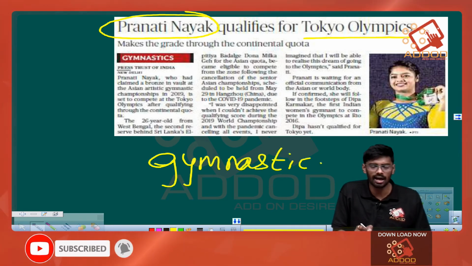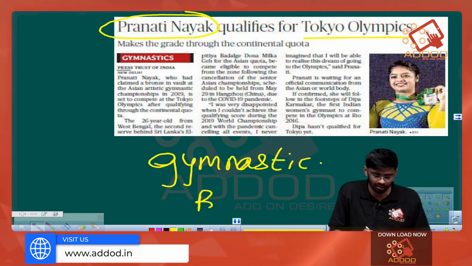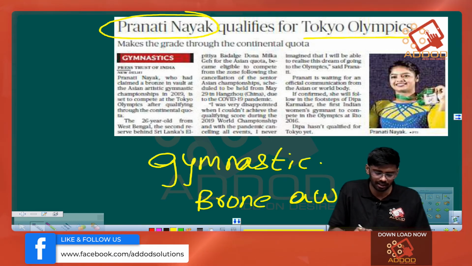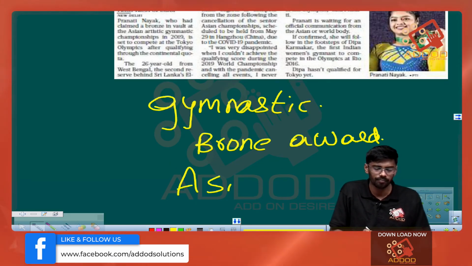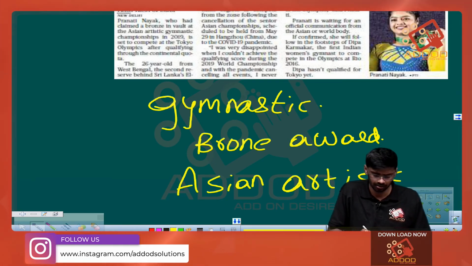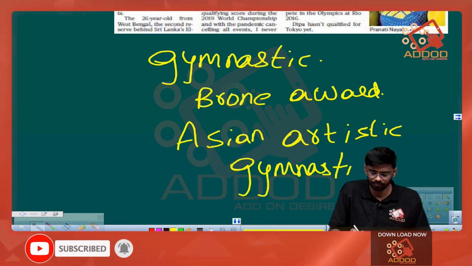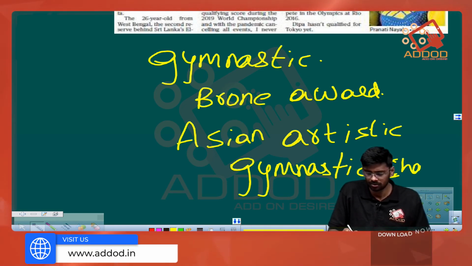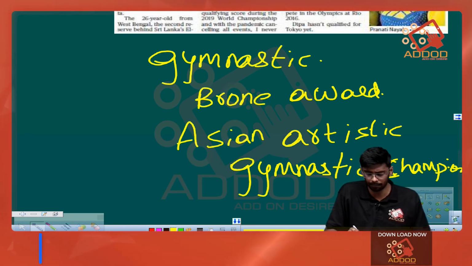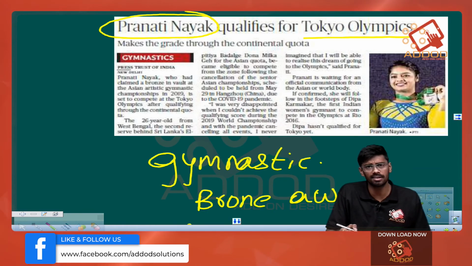She has also won a bronze medal in the Asian Artistic Gymnastics Championship, and she has now qualified to participate in the Tokyo Olympics. This is with respect to this article.